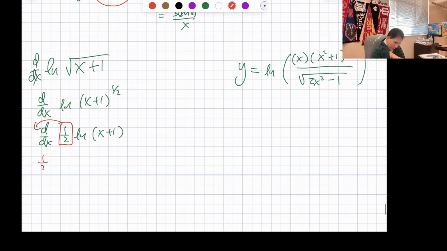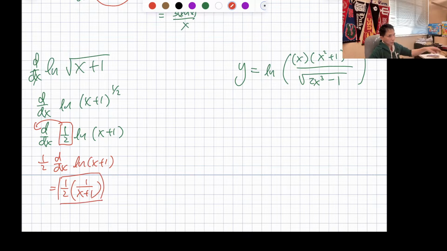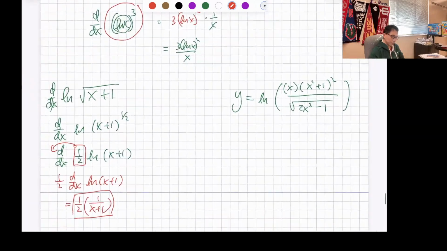And then 1/2 d over dx of ln of x plus 1. You don't need that many steps, but it's going to be 1 over x plus 1 times 1/2. Does that make sense? I just only did algebra.